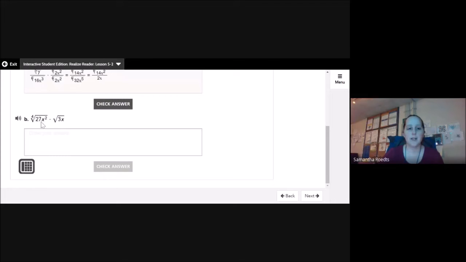The fourth root of 27x squared times the square root of 3x. Notice they don't have the same index, so I'm going to rewrite them using exponents. I'm going to change the 1/2 so that it has the same denominator as the 1/4. So 27x squared stays to the 1/4, times 3x raised to the 2/4 power.